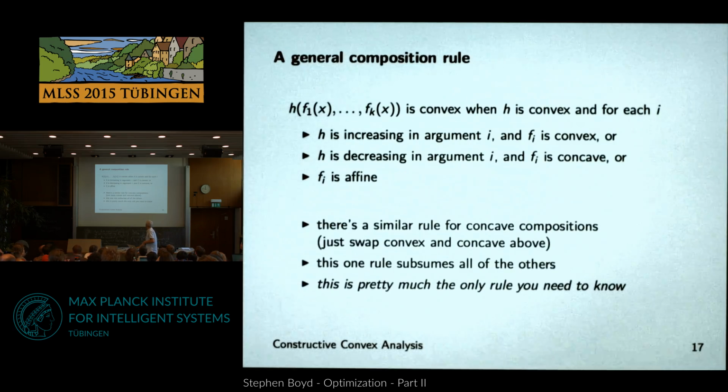So it's this. The rule is very, very simple, but it's not one many people know. So unless you do this kind of thing. So here it is. It's vector composition.